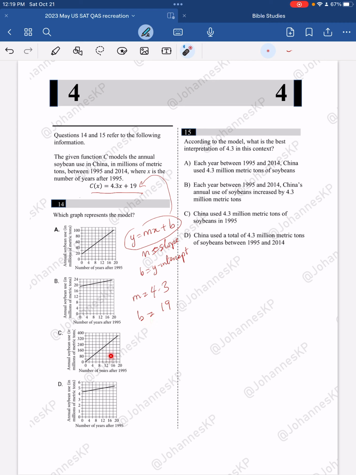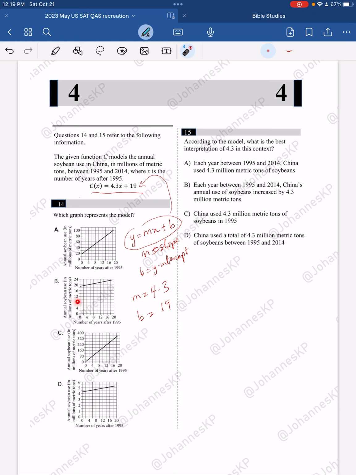So this C is not correct because here the y-intercept is 0 and we want 19. It's also not D because its y-intercept is something like 4.3, and our y-intercept is supposed to be 19. So C and D are definitely not the correct options.